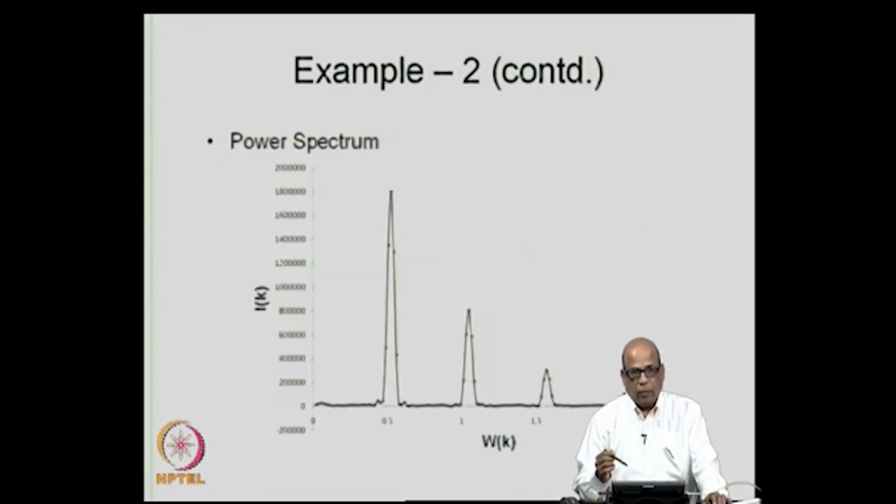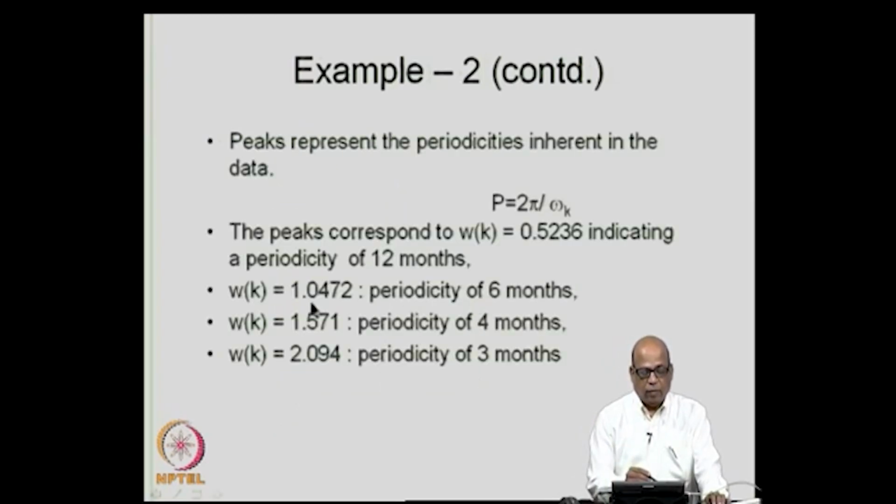The next peak here occurs at omega k of 1.0472, this corresponds to 6 months. When you do 2 pi by 1.0472, you come to around 6. The actual value may be just 6 point something, but you can say that the periodicity is 6 months.